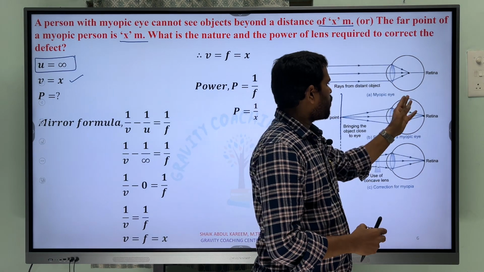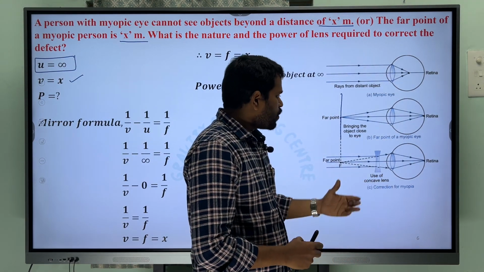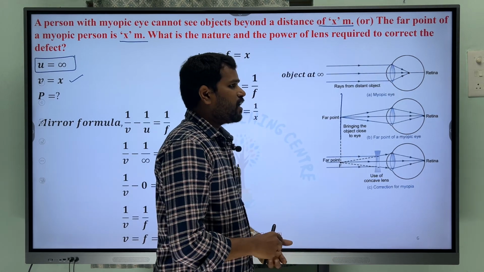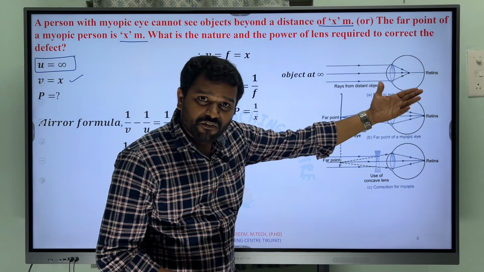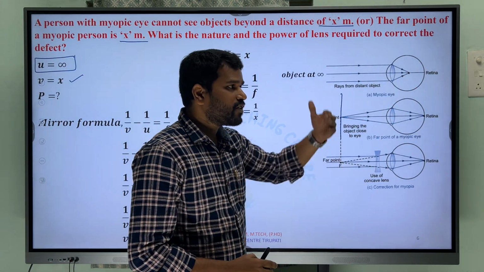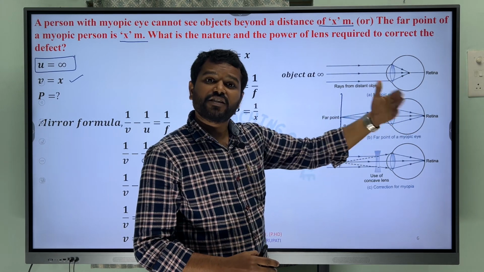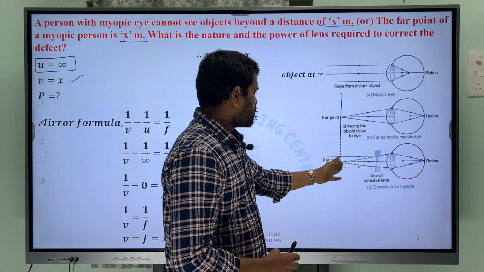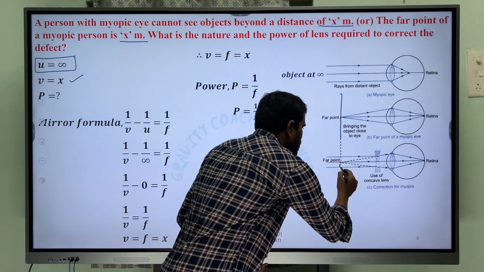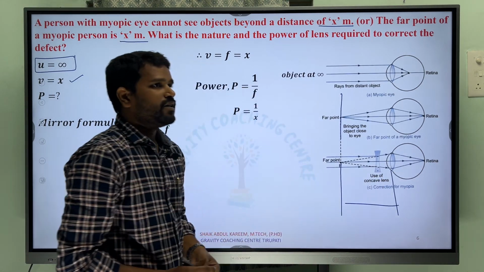For correcting this, I am using a concave lens. What this concave lens does is bring the object from infinity to the far point, from where I can see the object. That is the reason why we are taking this as the image distance.